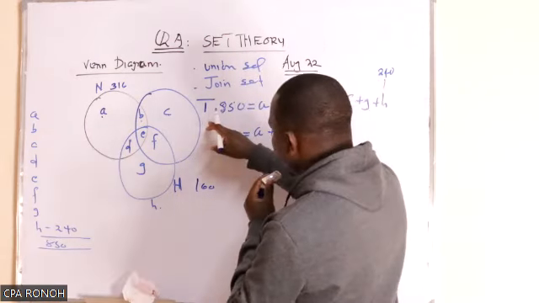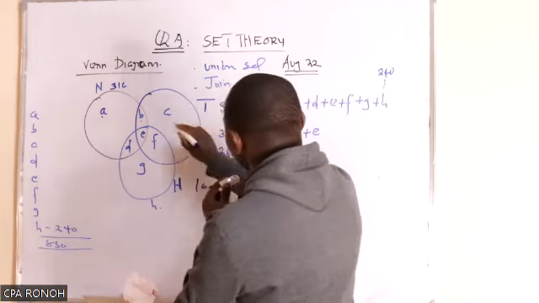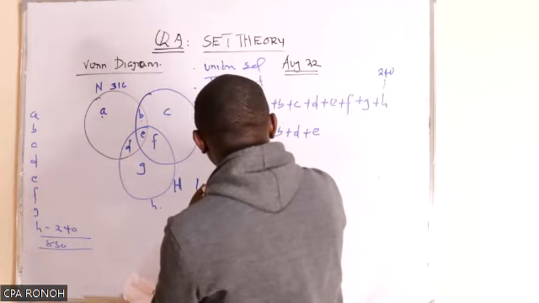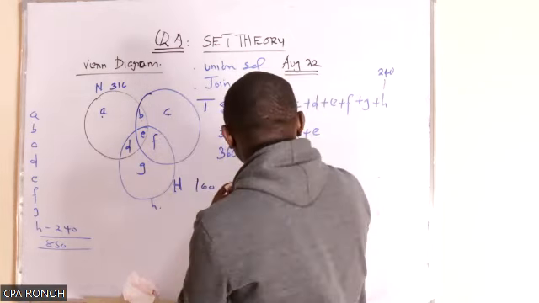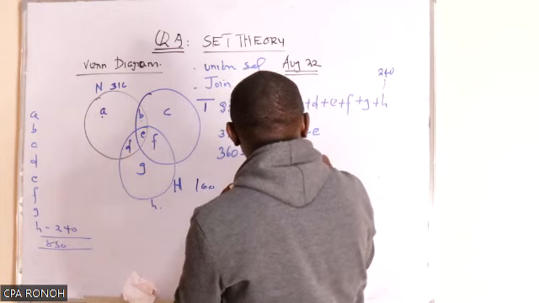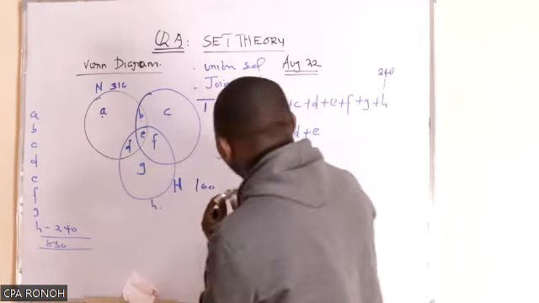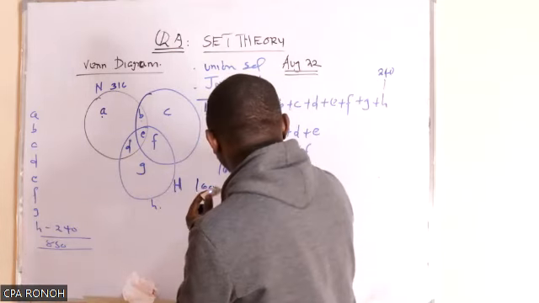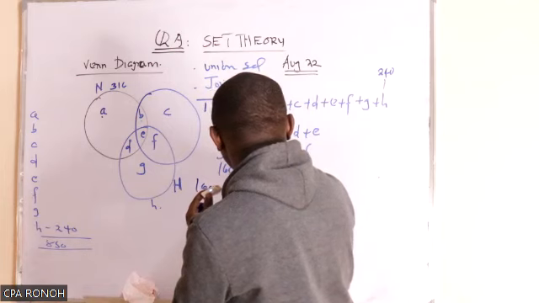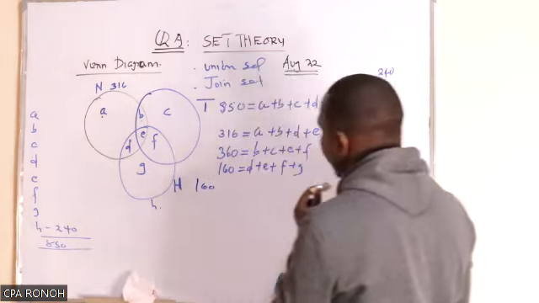Toyota is 360, which would be B plus C plus E plus F. Then we have 160 for Honda, which will be D plus E plus F plus G.